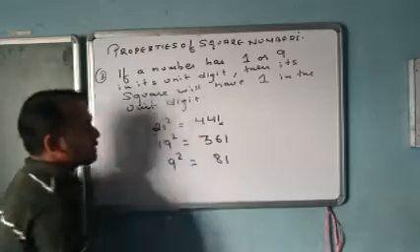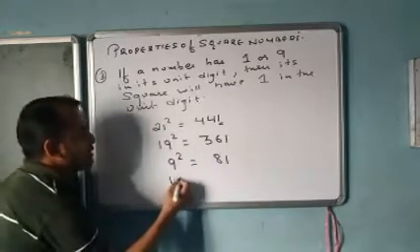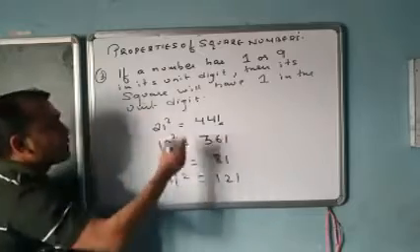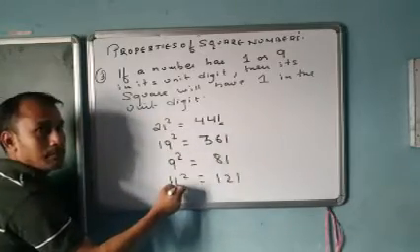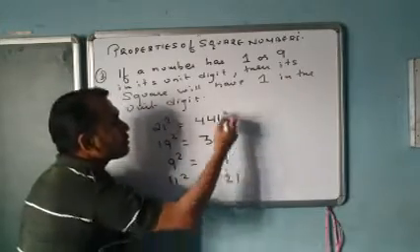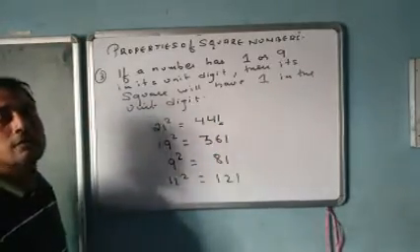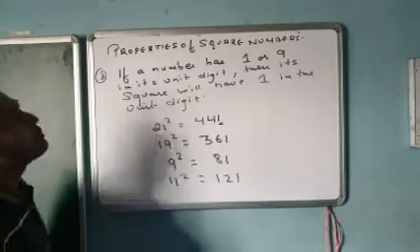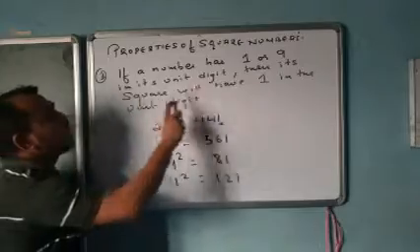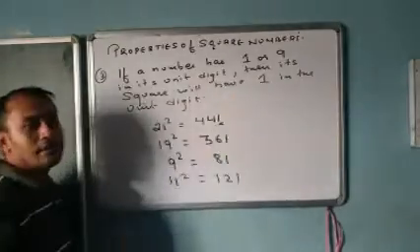It will result in 81. If you take 11 square, it will result in 121. Now for all these numbers, the end digits are either 1 or 9. But when I took the square of such numbers, the end digit of all those numbers is 1. This clearly means that if a number has 1 or 9 in its unit digit, then its square will always have 1 in the unit digit.